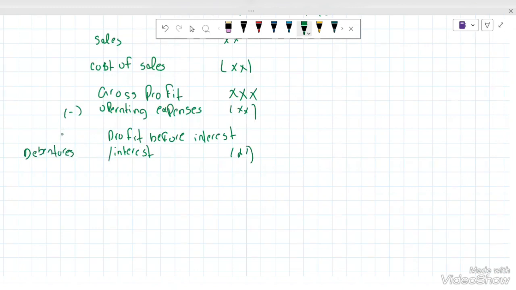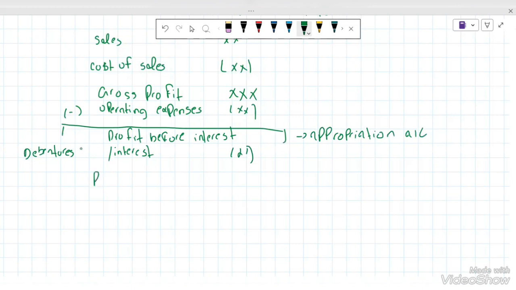You can also say that this is our appropriation account. Okay. So after that, we will get profit after interest.